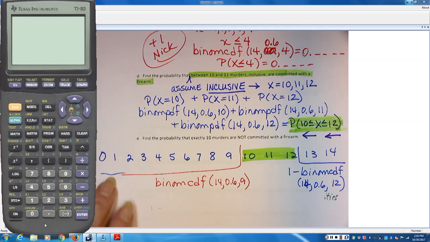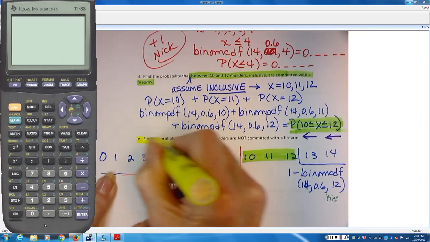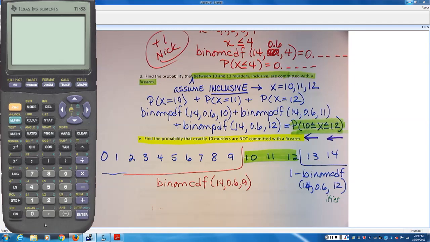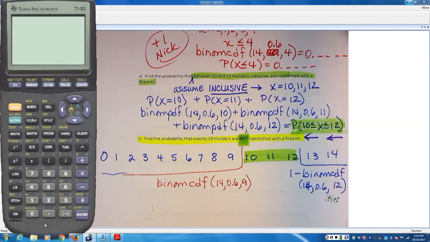And we're going to do one more. Find the probability that exactly 10 murders are, this is the important word, not committed with a handgun.